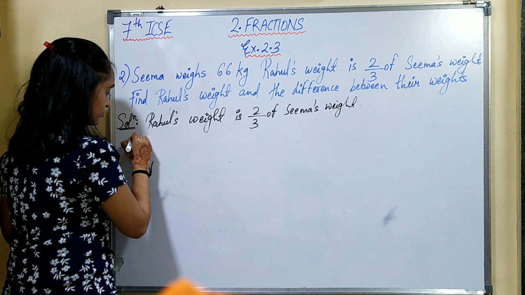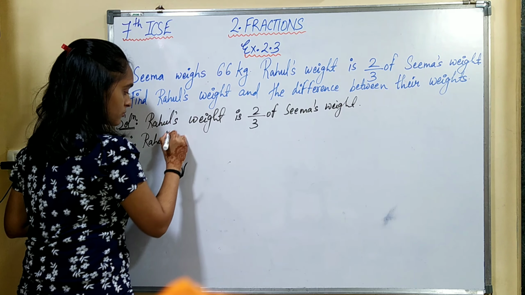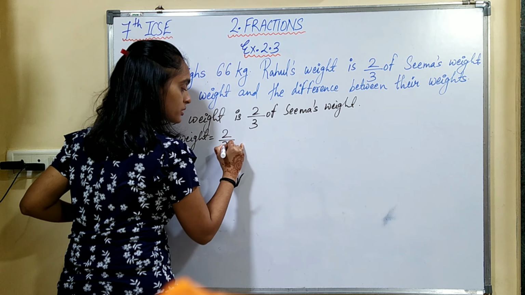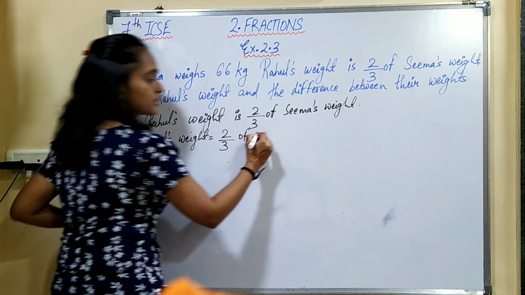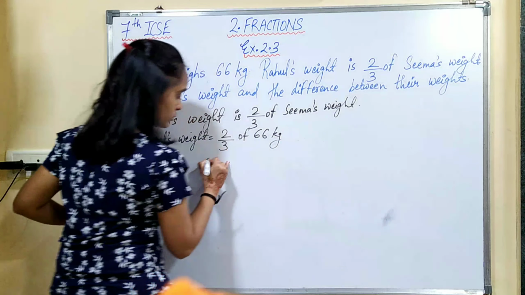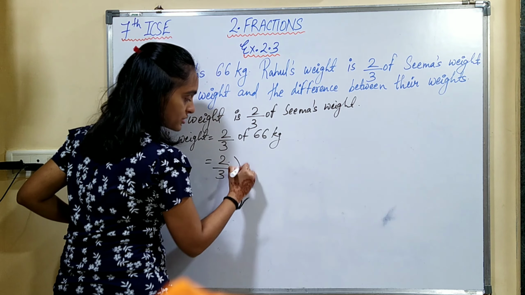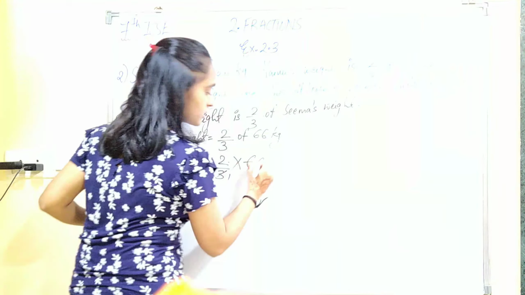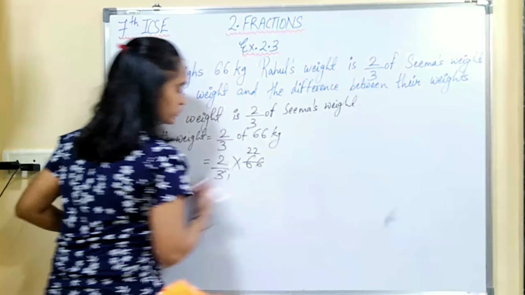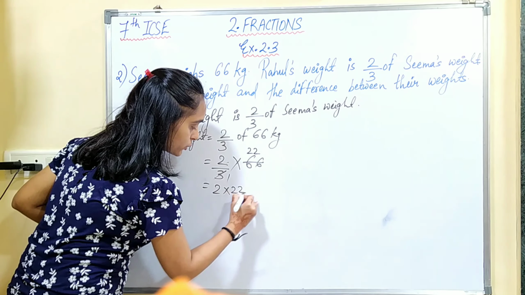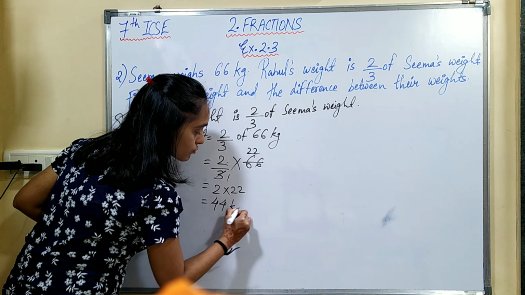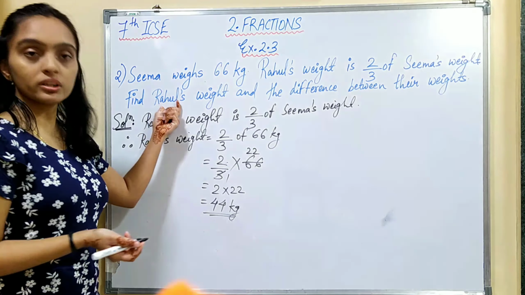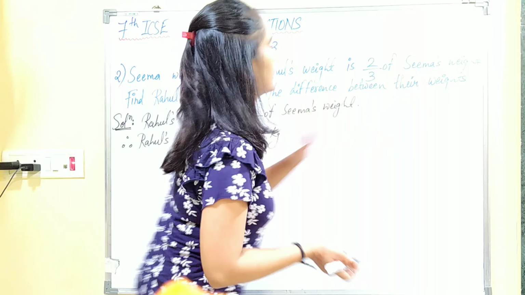So therefore, Rahul's weight will be equal to 2 upon 3 of 66 kg. So it will be 2 upon 3, "of" means multiplication sign, and 66. 3 1s are 3, 3 2s are 6 and then again 3 2s are 6. So 2 multiplied by 22. So Rahul's weight will be 44 kg. Now we found Rahul's weight. Now we will find the difference between their weights.